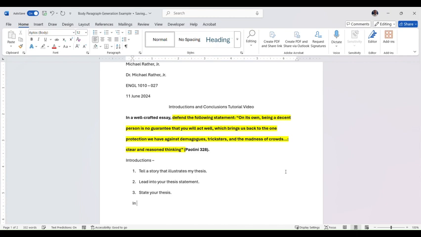So in J.R.R. Tolkien's fantasy masterpiece, Lord of the Rings, he briefly touches on the idea that, oh, okay, I see what's going on there.